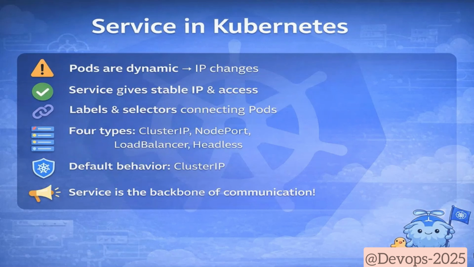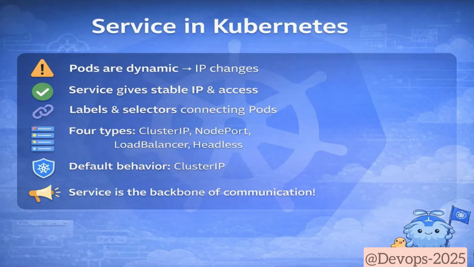So the summary of this video: today we clearly understood why the service is required, saw what problems existed without service and how service solved those problems, how service connects to the pods, and finally what types of services exist in Kubernetes. Service is not optional in Kubernetes. It is the foundation of Kubernetes communication, where with the help of the service we can access our application based on the type.